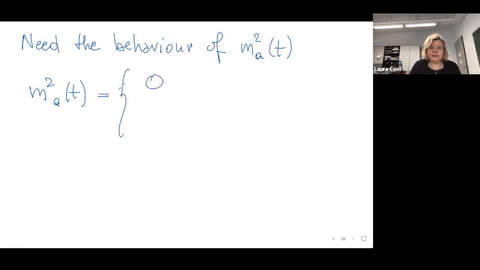And this is practically 0 as long as the temperature is larger than the QCD phase transition, which is approximately above 1 GeV or so. And then below that, it starts to grow slowly up to a certain point, but there is a dependence on the temperature, which is of this form.